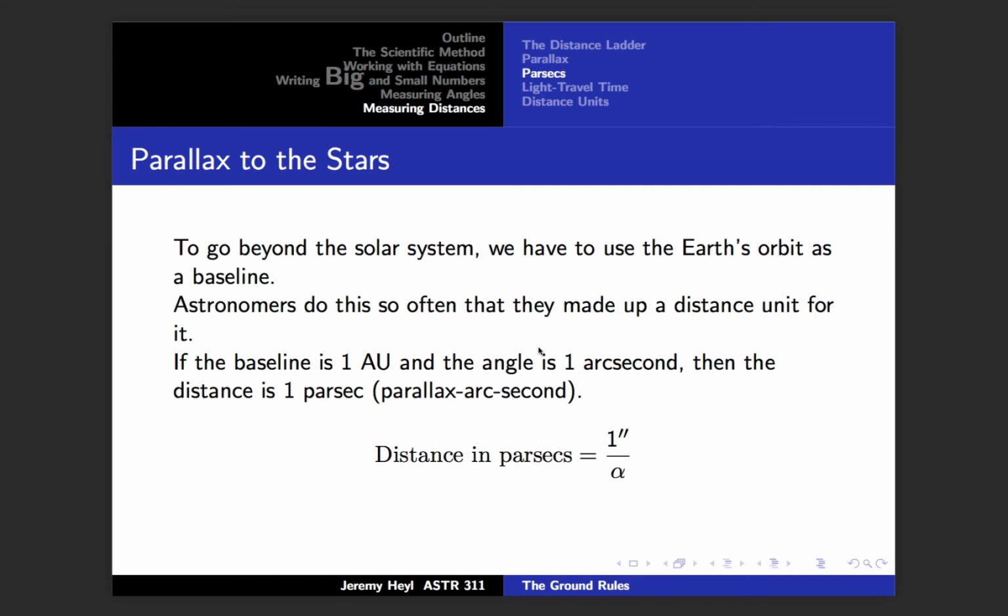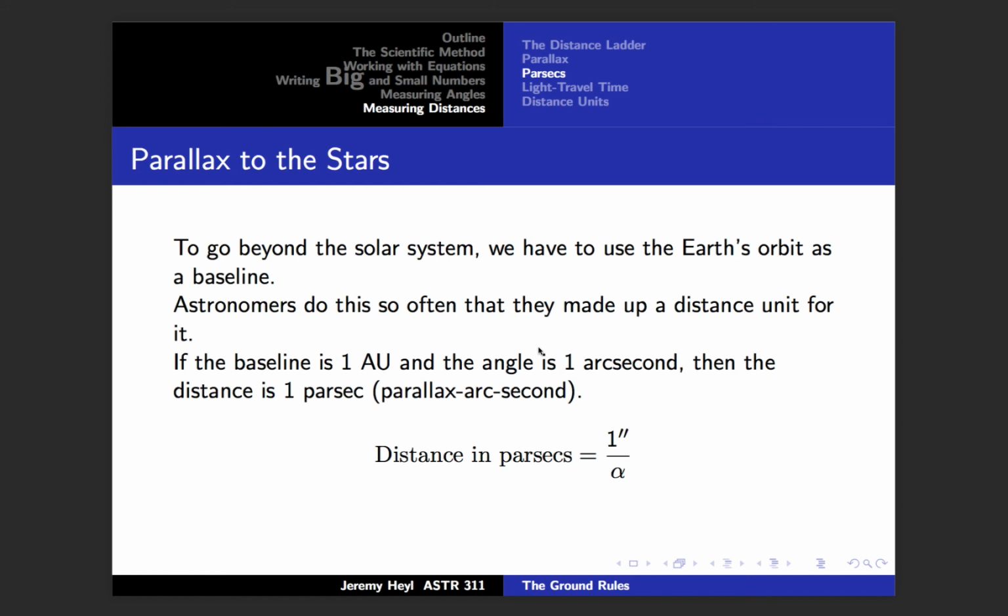So this is a quite simple formula now, right? Because the baseline is gone, because in astronomy we're always using the same baseline. It's the distance between the Earth and the Sun. It's always the same. And the distance that we want to use, we give it a unit called parsec.